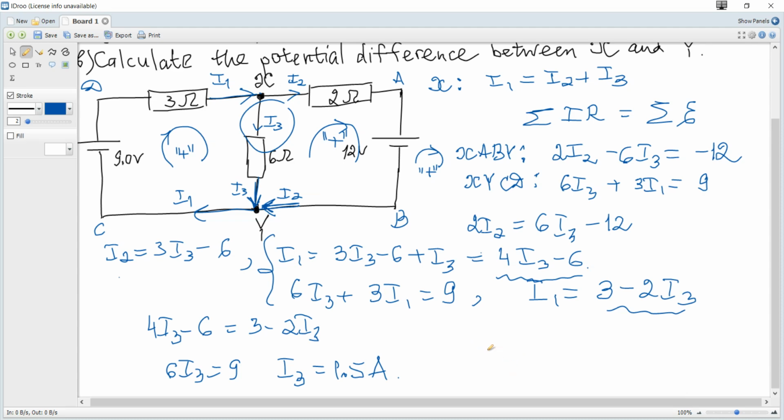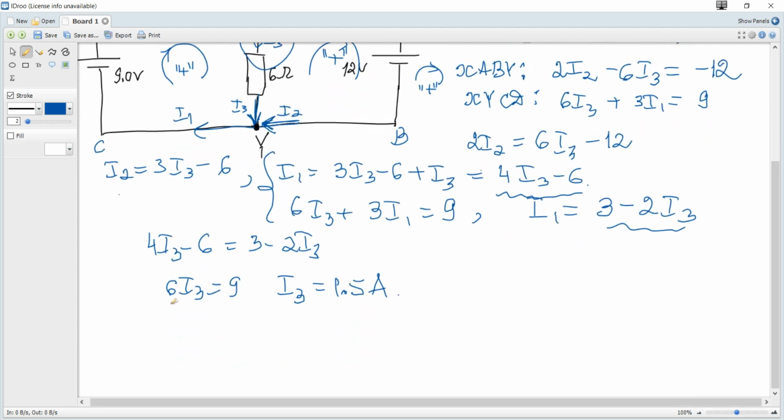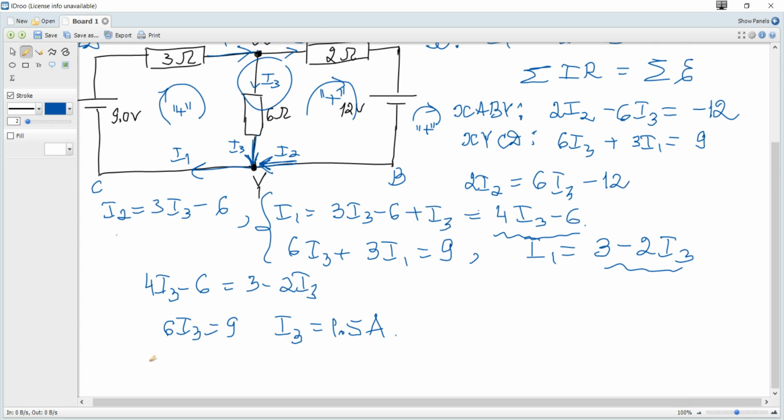And the next question, potential difference between X and Y. What is potential difference? It's the same as voltage, and potential difference is current multiplied by the resistance.